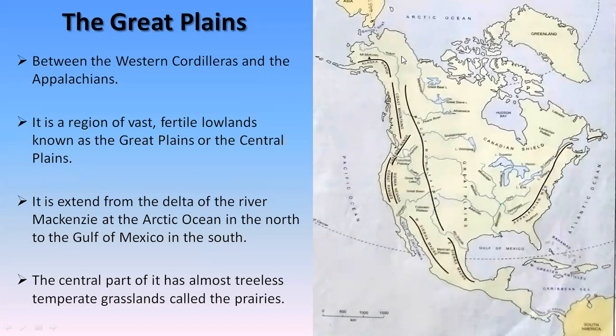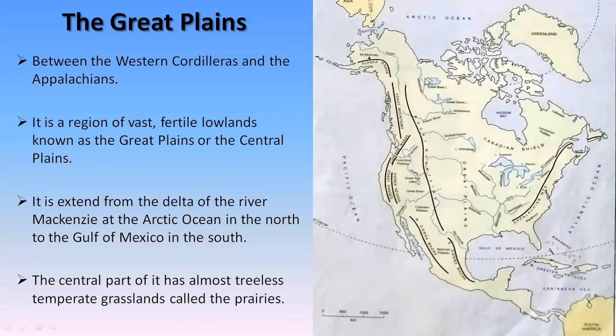Now we are going to the northern side. On the northern side, the Great Plains start with the river Mackenzie, the river Mackenzie over here, and from this river basin to the south, up to the Gulf of Mexico, it is extended.